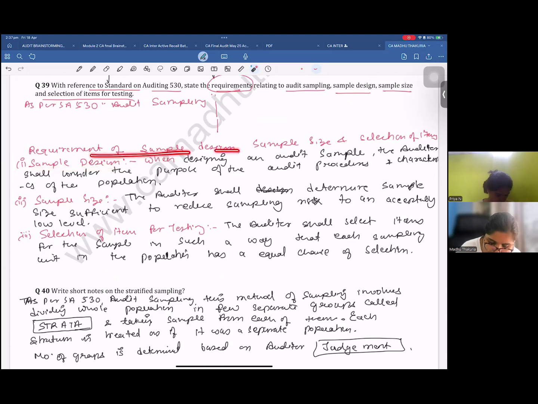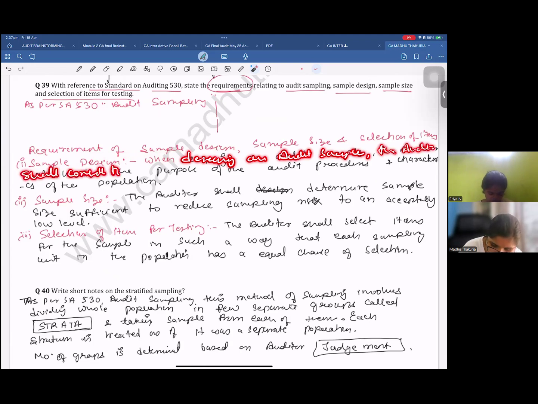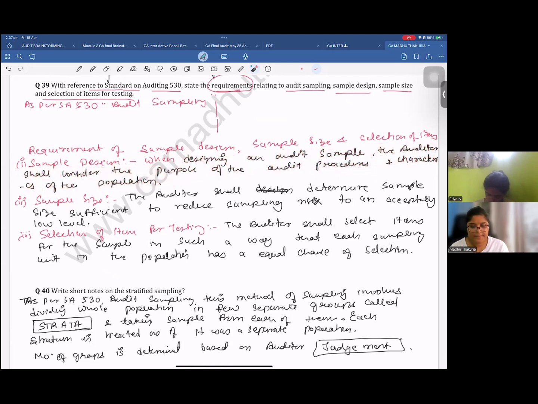When designing an audit sample, the auditor shall consider the purpose of the audit procedure and characteristics of the population.